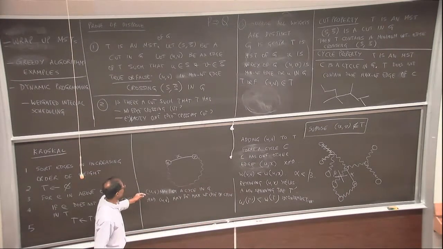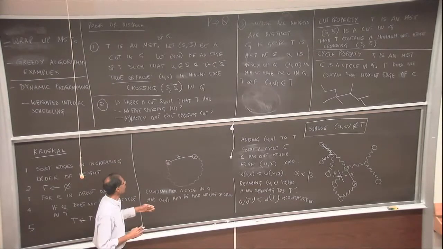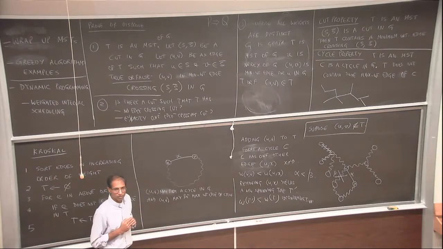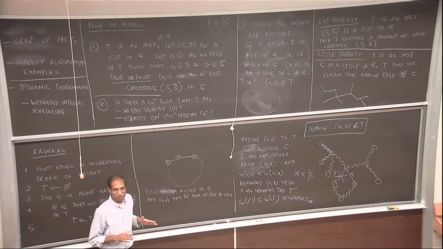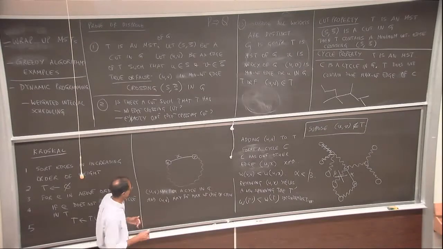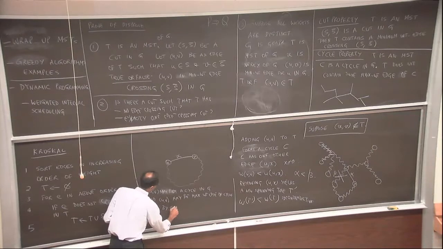Okay, the argument was UV may form a cycle in G, plausible, and UV may be the maximum weight edge of the cycle. And by cycle property, if that is the case, it should not be in the MST.